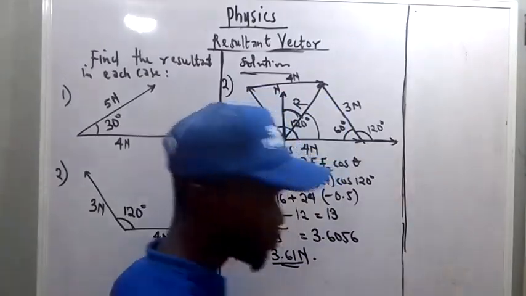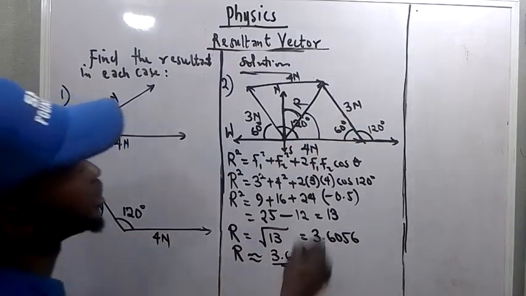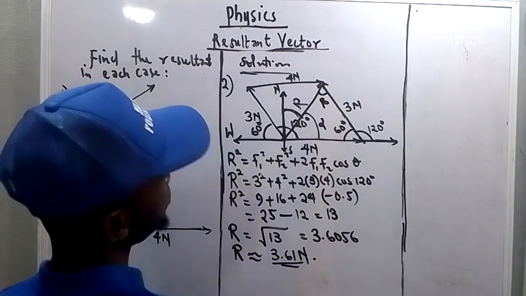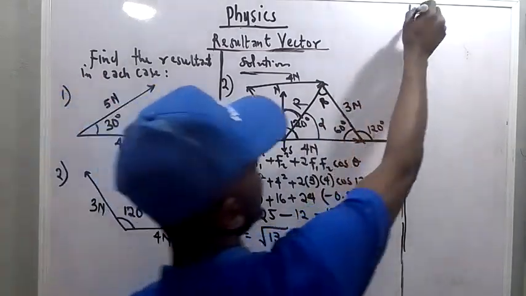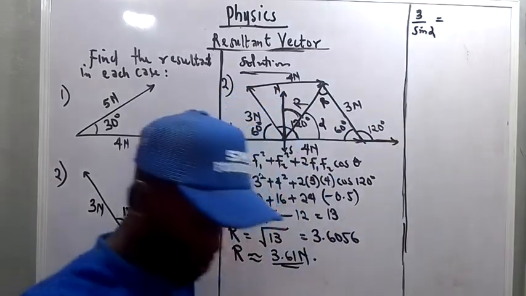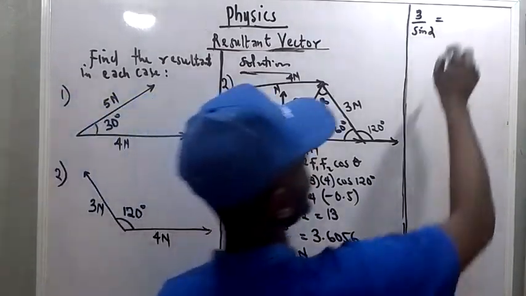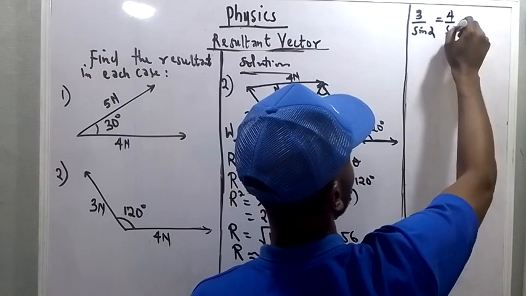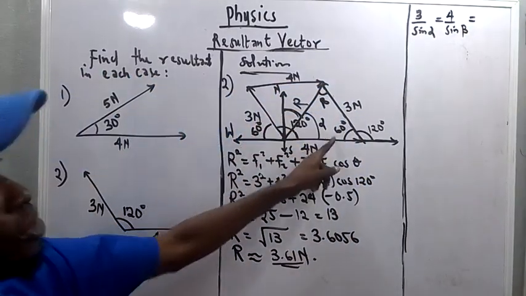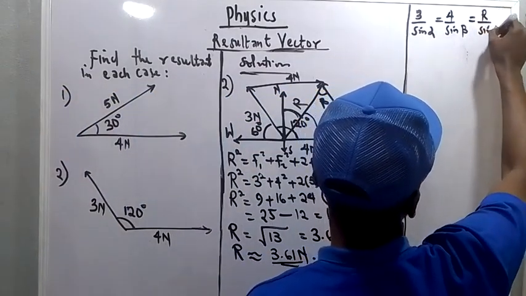So I can use my sine rule to get this. As 3 all over sine of the angle here, I can put alpha here and beta here. So 3 Newton all over sine alpha equals 4 Newton all over sine beta, which equals the resultant all over the sine of the angle it is facing, R all over sine 60.